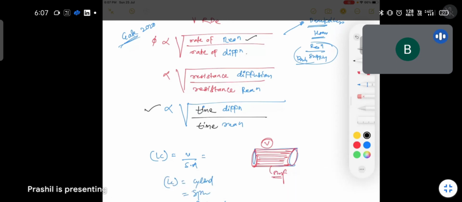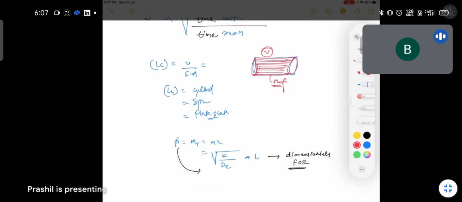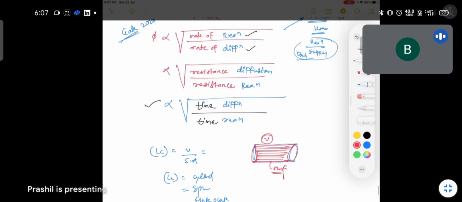In the numerator you have K, and in the denominator you have De, so the rate of reaction is in the numerator and the rate of diffusion is in the denominator. Based on that we can have different relations for the Thiele modulus.